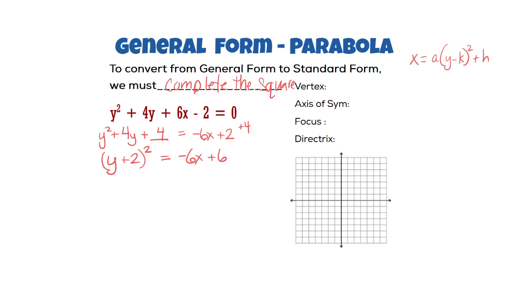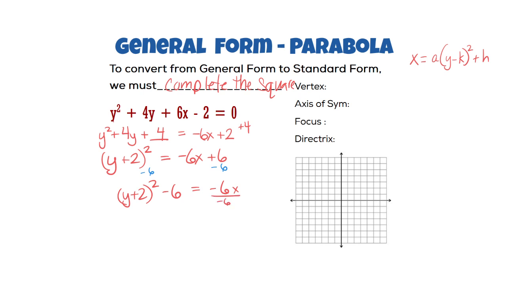So the first thing I'm going to do is take this 6 over to the other side. So now I have (y + 2) squared minus 6. All right, then your next step would be to divide by this negative 6.